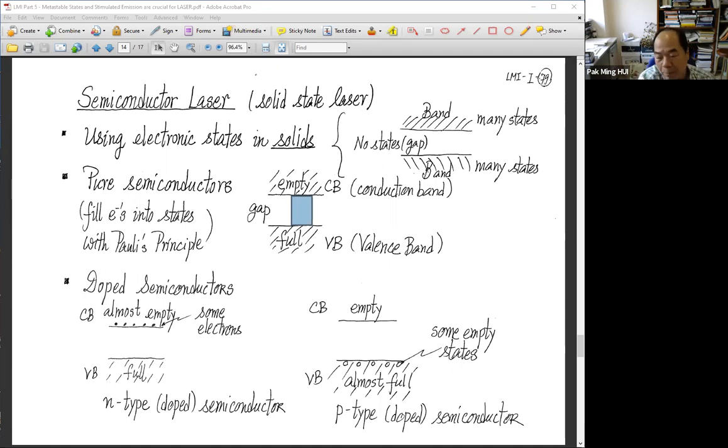And you must appreciate one point here. It is quantum mechanics, no more. Okay, quantum mechanics plus how to fill electrons in, the Pauli exclusion principle, that explains why we have conductors, insulators, and semiconductors.